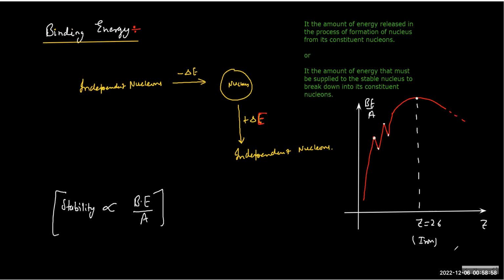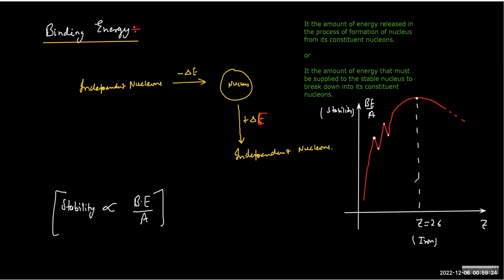So binding energy per nucleon gives the stability graph. And you can see that as Z increases, stability is not continuously increasing with Z, rather it is decreasing also. So what really matters is the binding energy per nucleon.